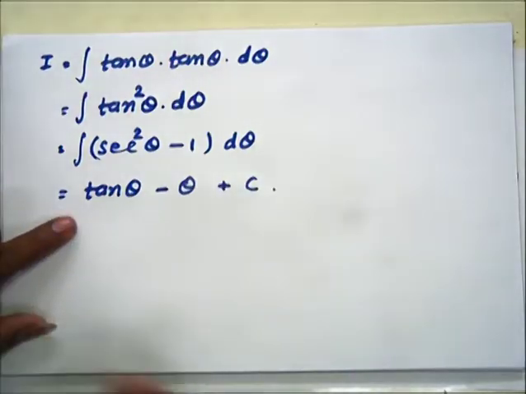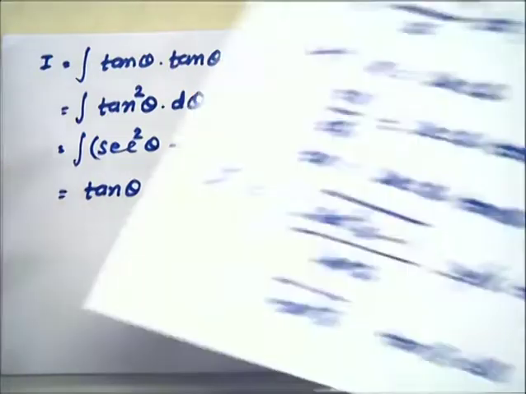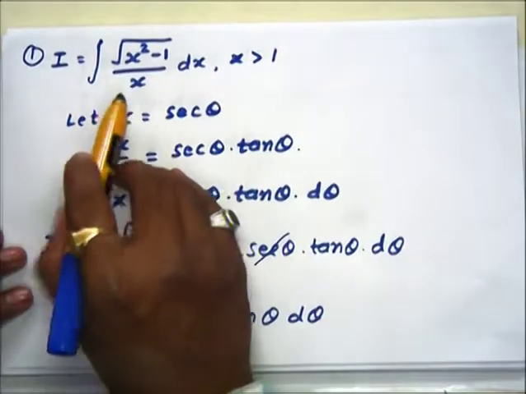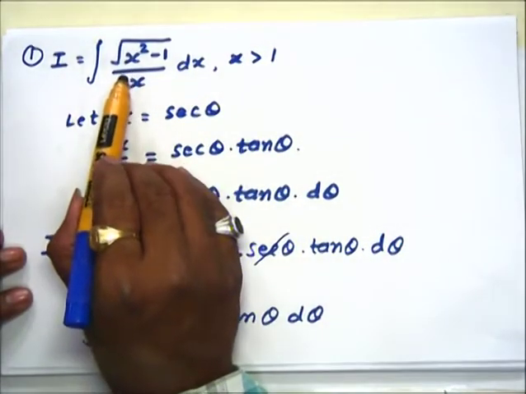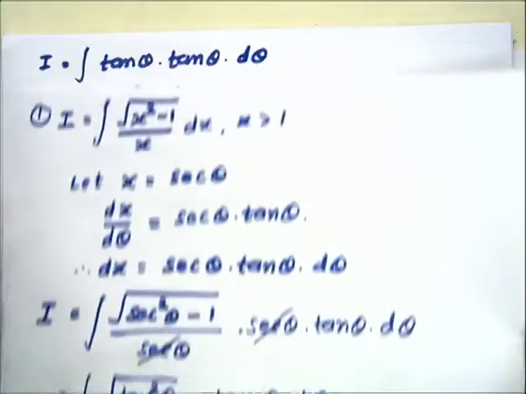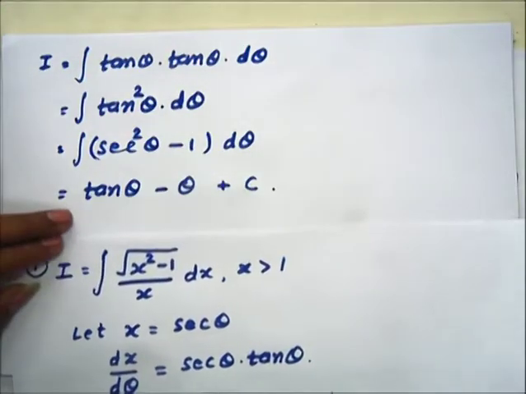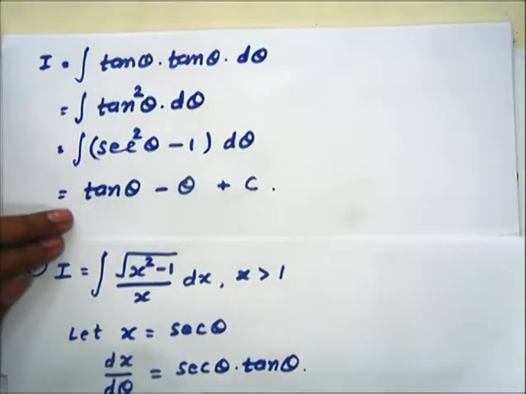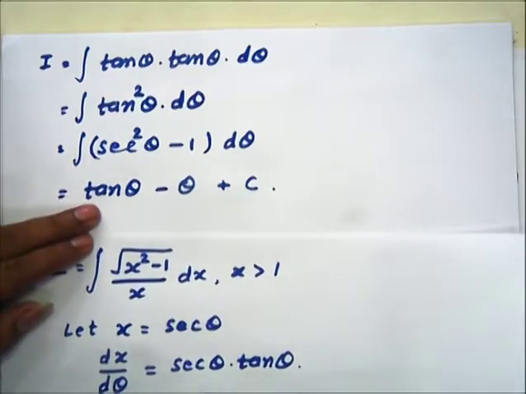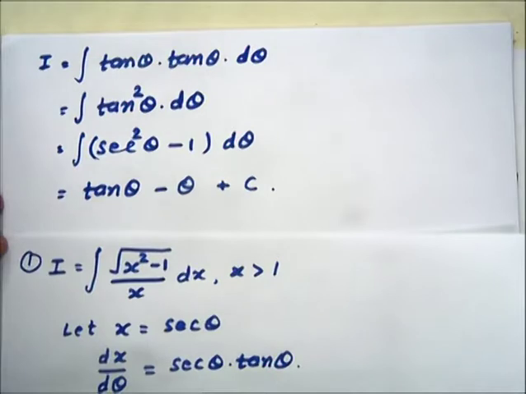Now we get this answer. But our original integral is in x and our answer is in theta, so we have to convert this theta into the form of x.